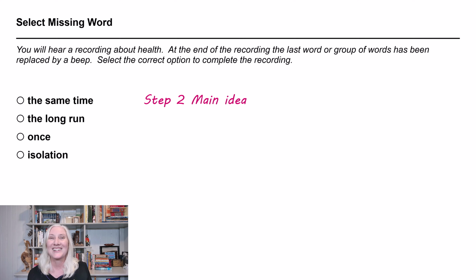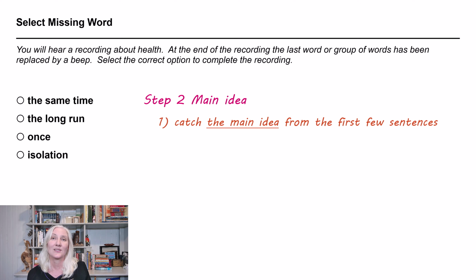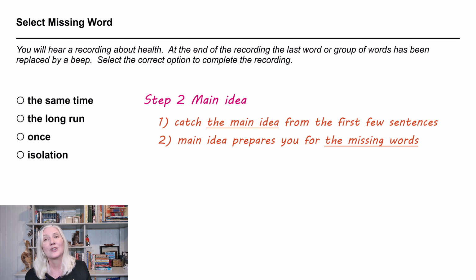Step 2, main idea. Catch the main idea. Now, as usual in these listenings, you can catch the main idea from the first few sentences. And the last sentence is usually a summary of the whole listening. So if you understand the beginning of the listening, which is the main idea, when you have to answer the missing words at the end of the listening, which is usually the summary, you can imagine the answer easily, because the missing words need to fit the main idea.